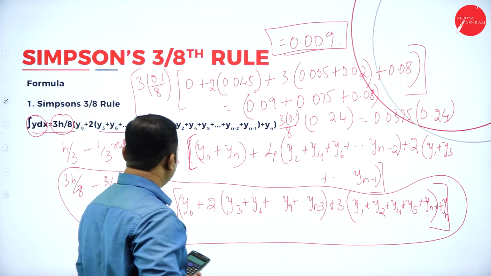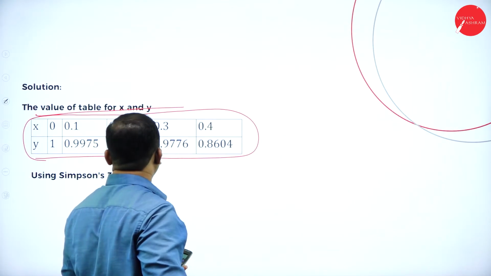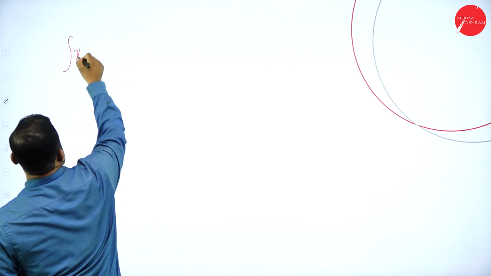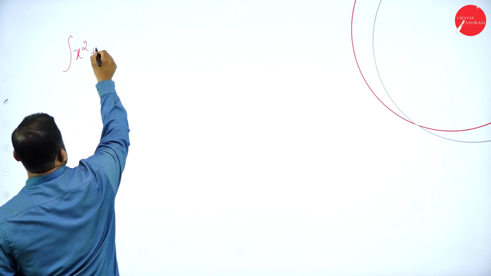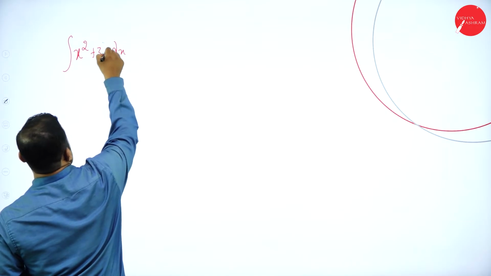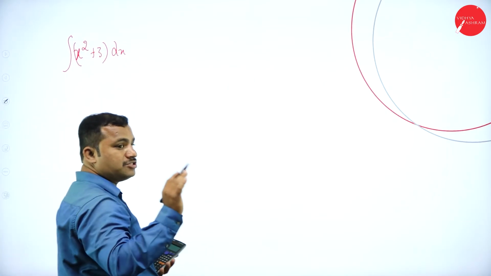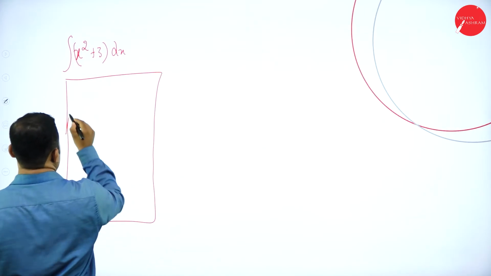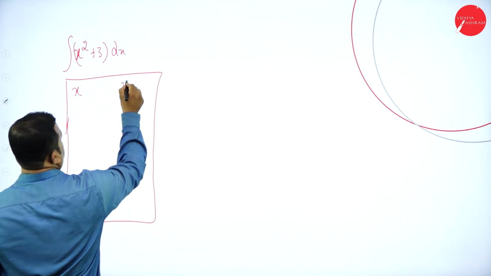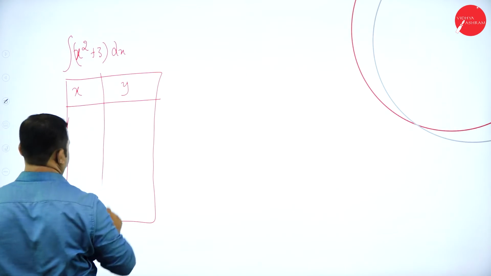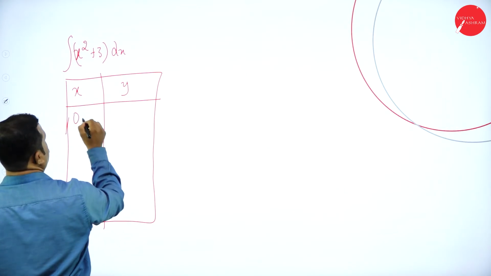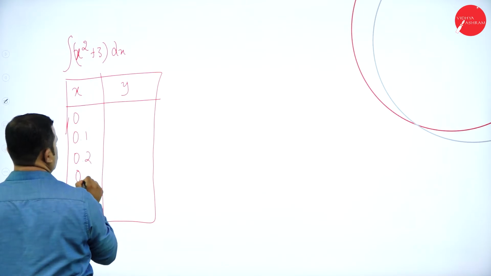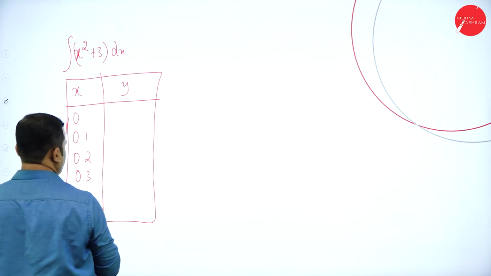If that is the case, let me consider another example for this. Integration of x square plus 3 dx. Let me construct the table now. X and y terms. The step size is 0.1, and x takes the values 0, 0.1, 0.2, 0.3, 0.4.